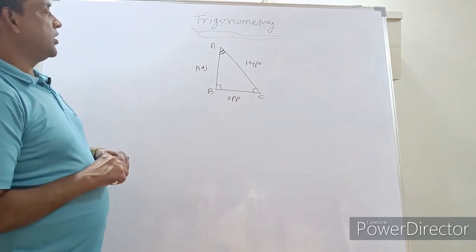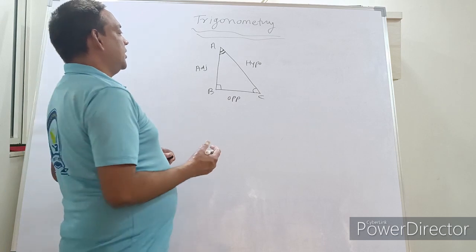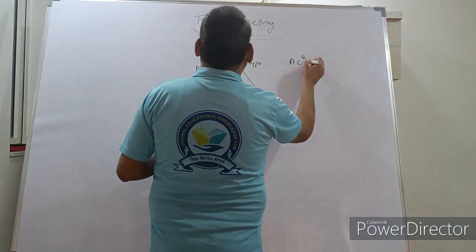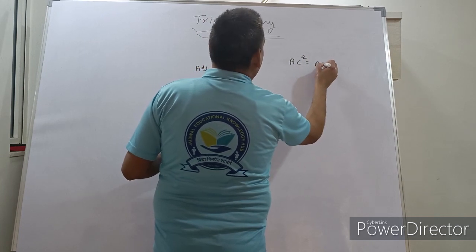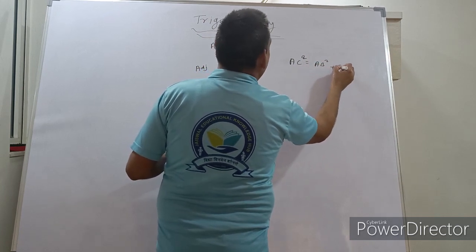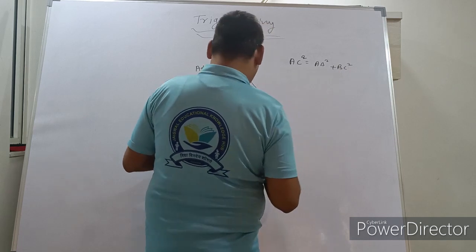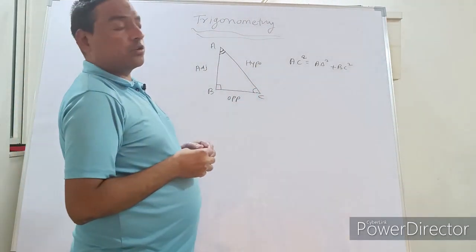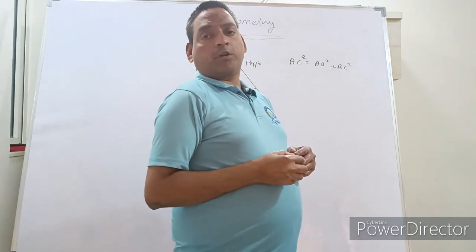Okay, then one more thing we have to know in this, AC square is equal to AB square plus BC square. Okay, where we learned this? AC square is equal to AB square plus BC square. What is this?